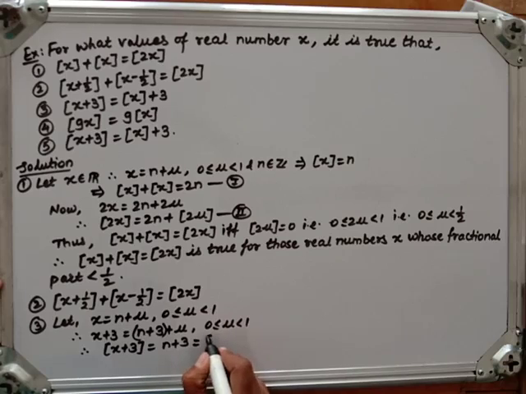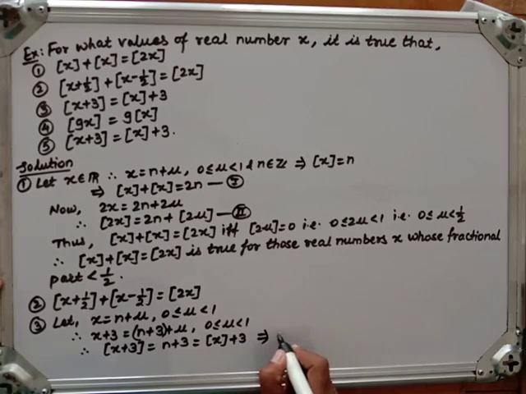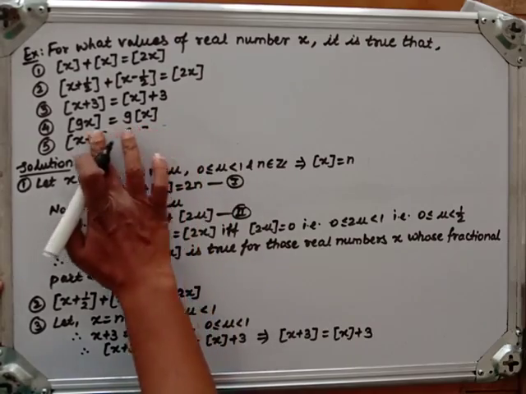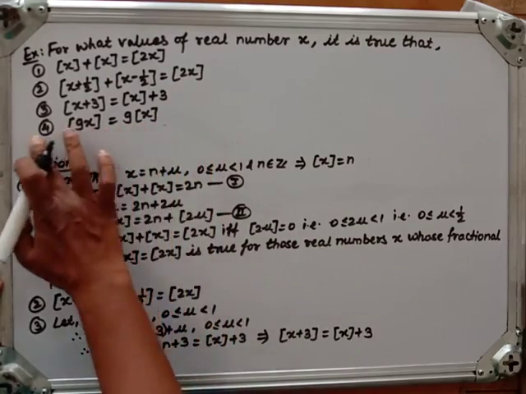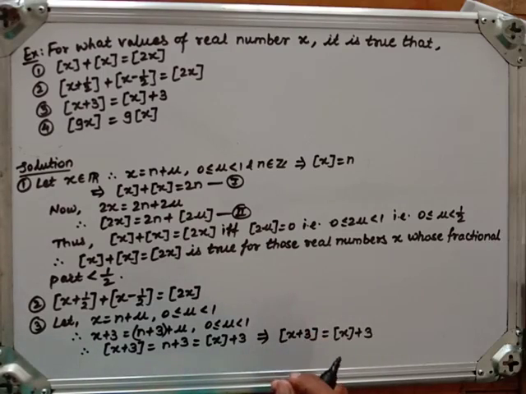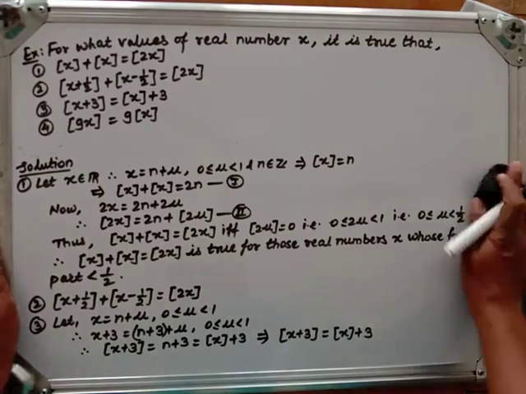That is equal to greatest integer function of x plus 3. So these are same. So let me eliminate this one. Okay, this one.